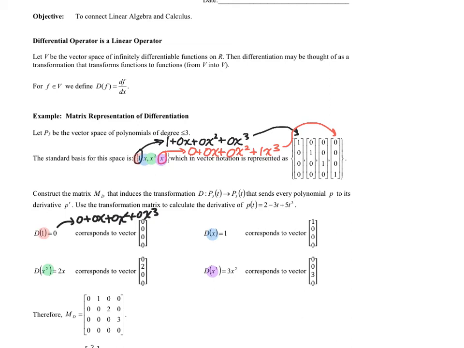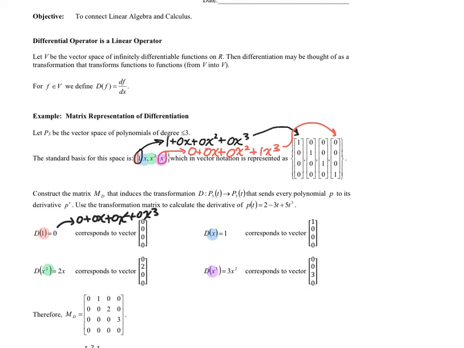And this one is saying 0 plus 2x plus 0x squared plus 0x cubed. And this one is saying, because the derivative is equal to 1, 0 plus 1x. I'm sorry, this one would be just a 1. Yeah, this is just a 1. So 1 plus 0x plus 0x squared plus 0x cubed. And then this is the square term. So 0 plus 0x plus 3x squared plus 0x cubed. So that gives us the matrix for the derivative in the appropriate order as this.